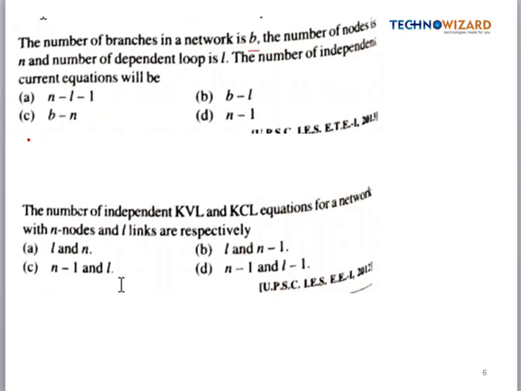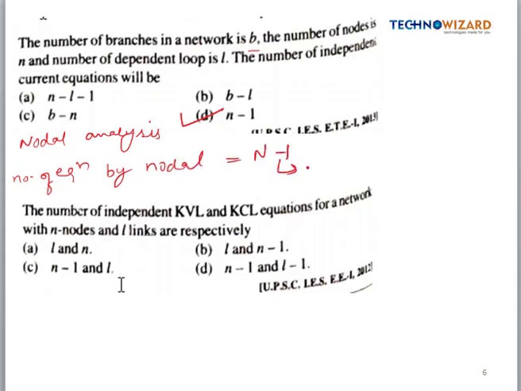We obtain the current equation using nodal analysis, and the number of equations to be solved using nodal analysis is given by n minus 1, minus 1 to exclude the reference node, because we don't apply nodal at the reference node. So option D is correct.